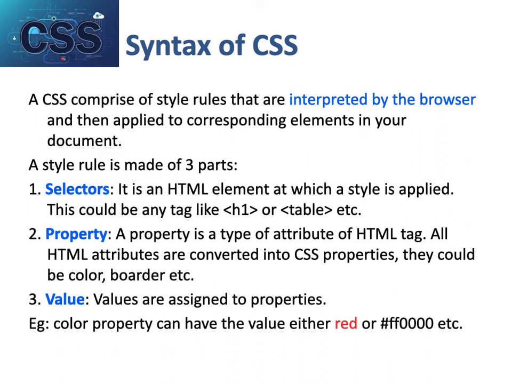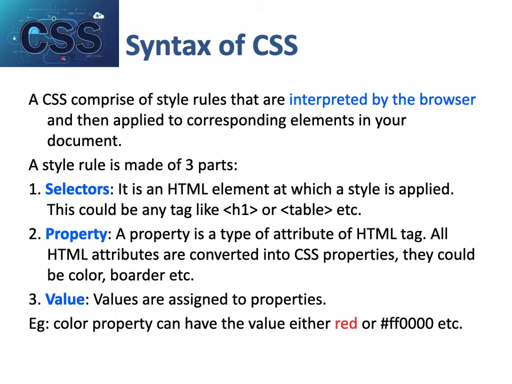You can take the paragraph tag, p tag, anchor tag, hr tag, br tag, anything. A property is a type of attribute of an HTML tag. All HTML attributes are converted into CSS properties. They could be color, border, etc.